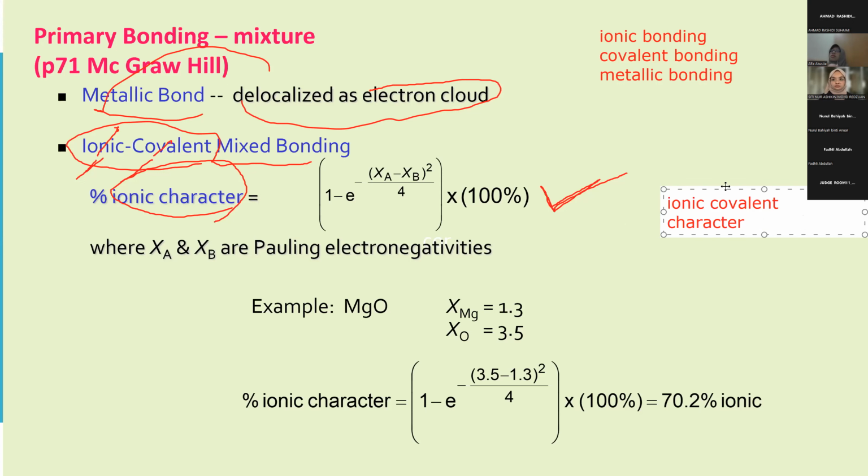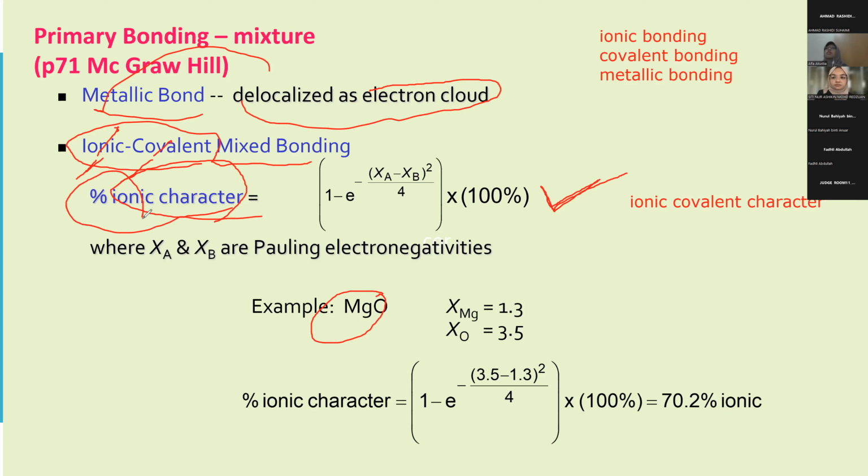And make sure this is an interesting topic because most of the materials have two properties, ionic or covalent. For example, like magnesium oxide, the character, the percentage of ionic or covalent character, depends on the electronegativity.